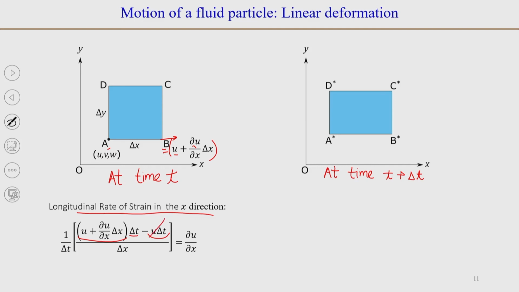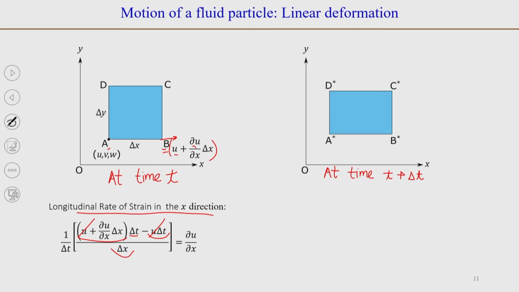So, we can see that u delta t will cancel out, and this is divided by delta x, which is the initial length of line AB. So, we will get the strain, and as we will see, dou u by dou x into delta t will be the strain.